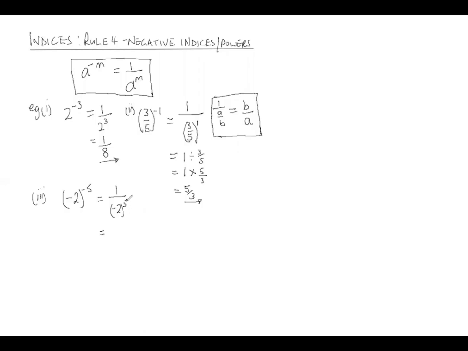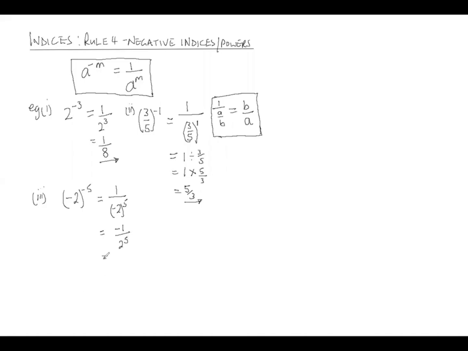But if the number here is even, the final answer will have a positive sign. So 1 over minus 2 to the power 5 is just the same as saying minus 1 over 2 to the power 5.